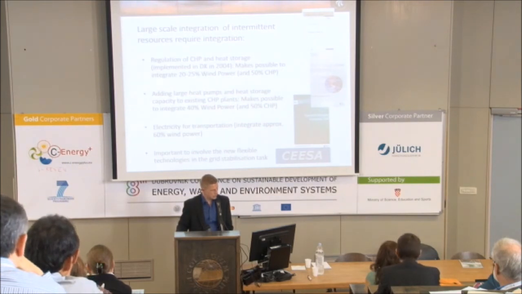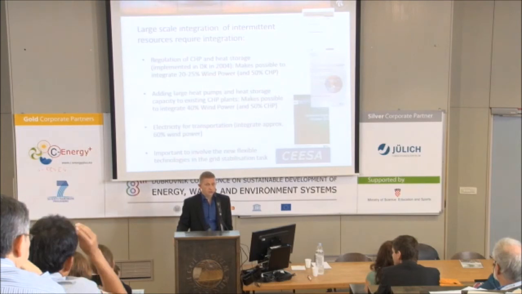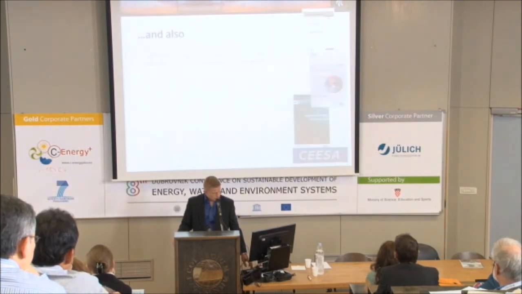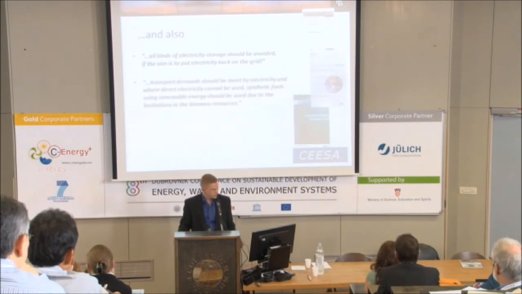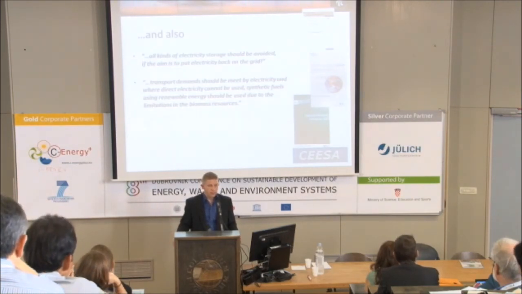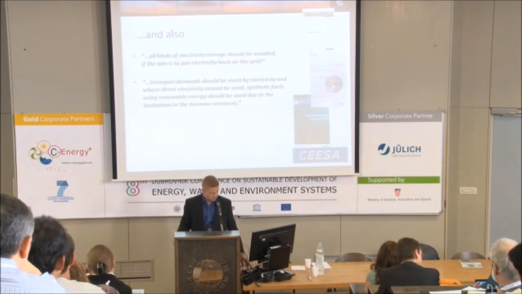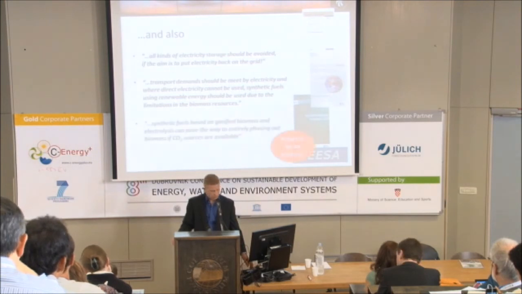Adding the transport sector can increase the intermittent resources in the electricity grid even more. And also, again, please avoid any kind of electricity storage. Transport demand should be met by electricity, but we need some kind of synthetic fuels in order to reduce the strain on the limited biomass resources.